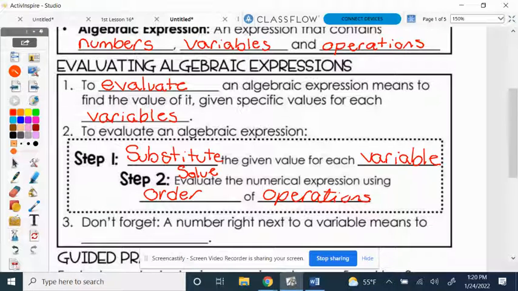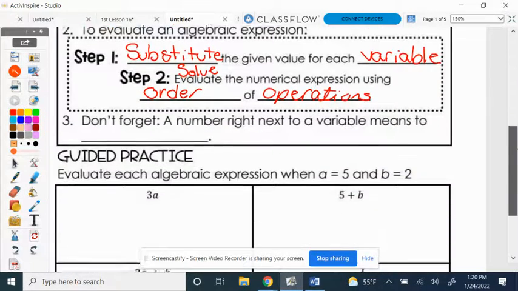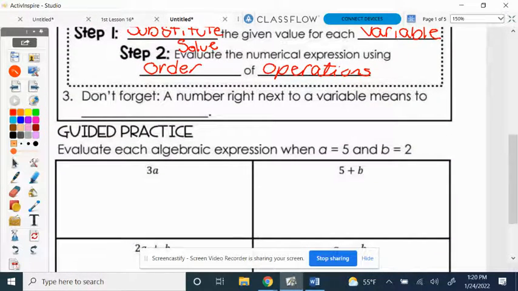After we substitute our number in place of our letter, we can just use the order of operations to tell us what we need to do. Don't forget though, if you have a number right next to a variable like 5y or 3k, what does it mean to do? What operation are you going to do?